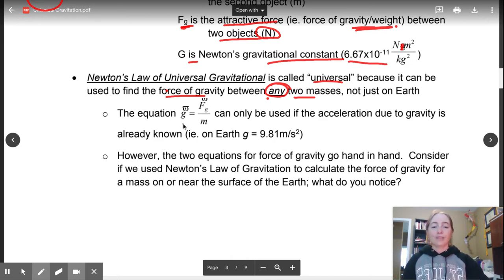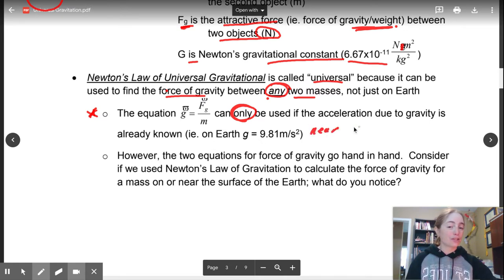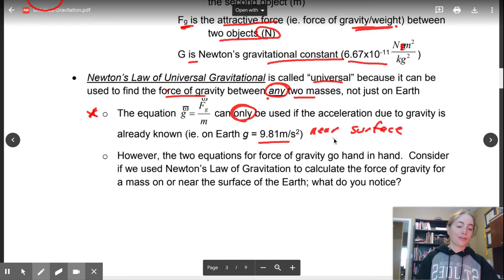So this here, ladies and gentlemen, you can only use this if you know the acceleration due to gravity. For example, on Earth, and once again, near the surface of Earth, we know g is on average 9.81, okay?